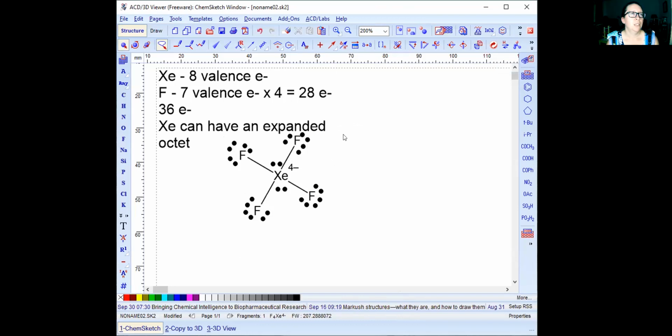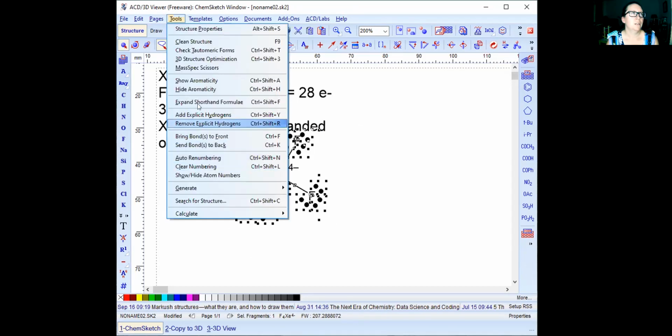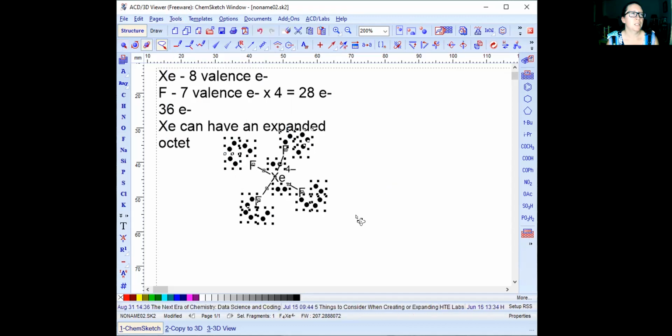And then we can also optimize the structure for 3D. So if we go to 3D structure optimization, and then copy to 3D viewer, we can take a look at what the software thinks this shape will be.